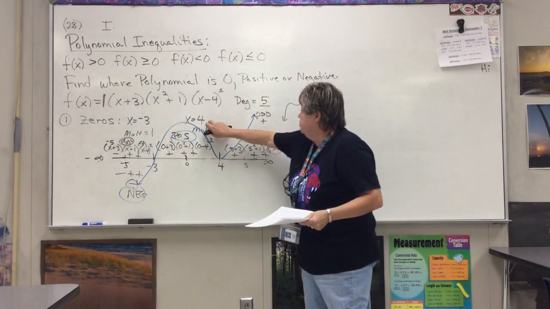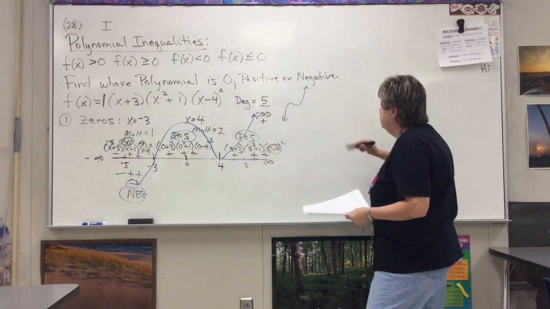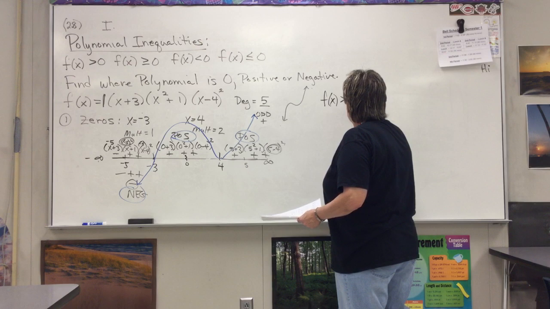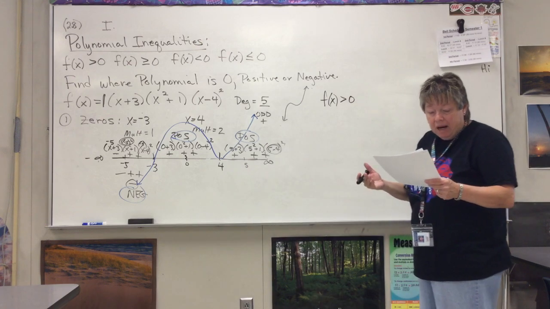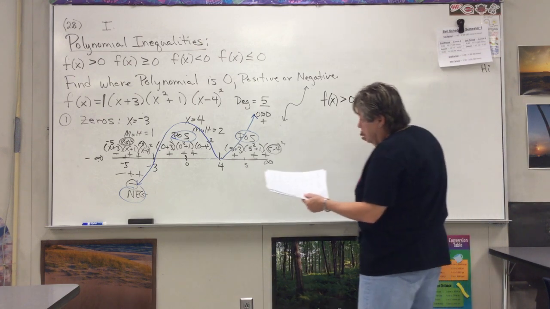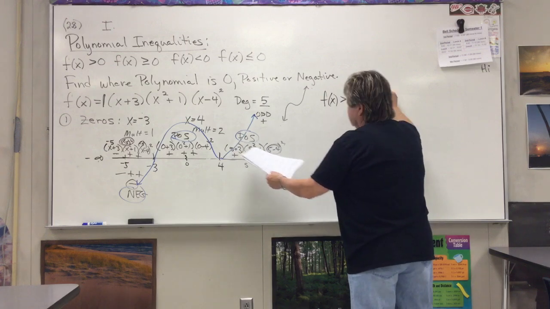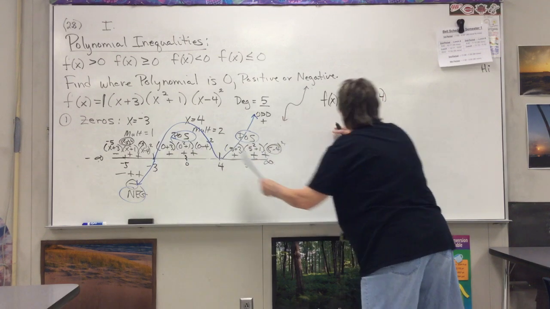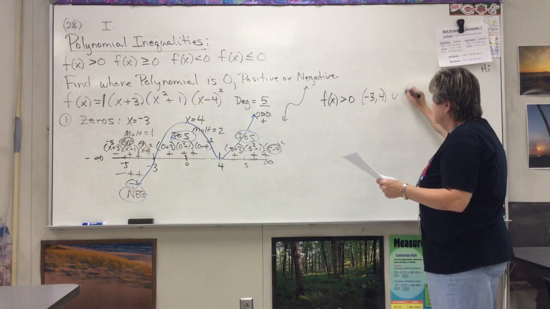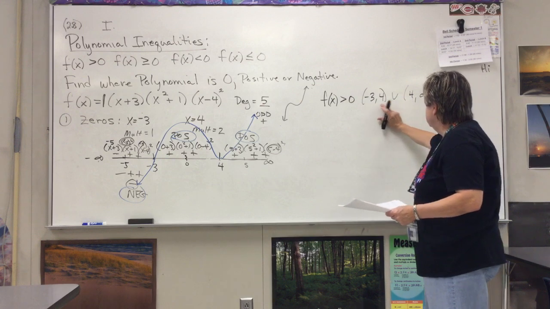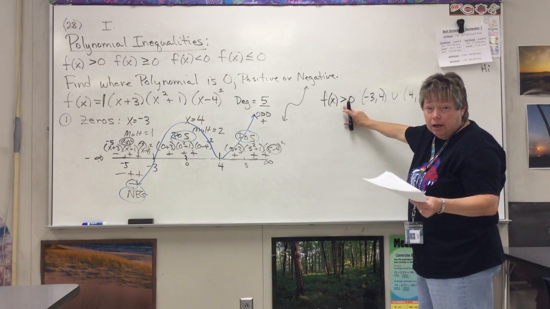The zeros we answered: negative 3 and 4. If f of x is greater than 0, so positive, where? From negative 3 to 4, and also 4 to infinity. I did not bracket these values because I said strictly greater than.